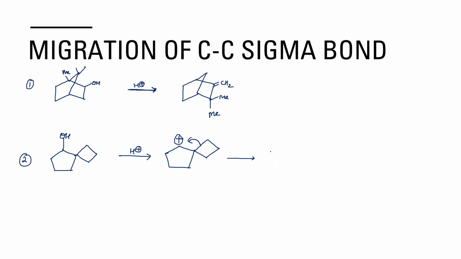It will do that so as to release the strain. 4-membered ring has more strain, 5-membered ring has less strain. So it will create something like this.